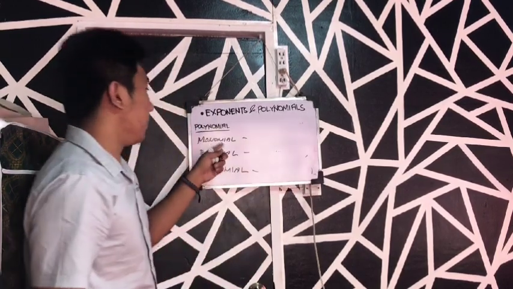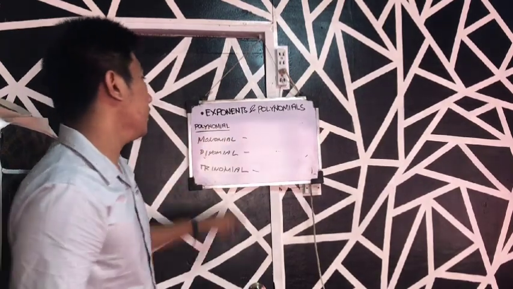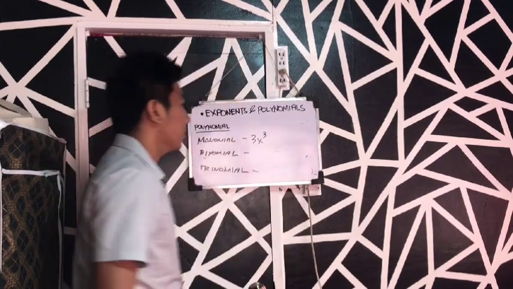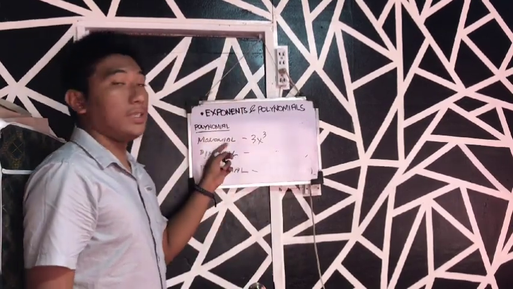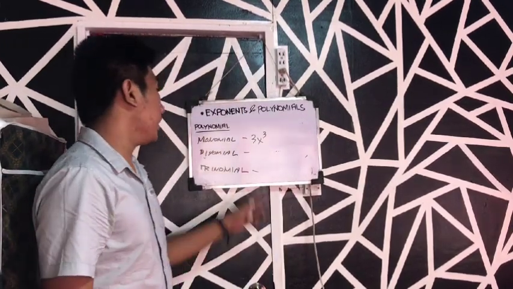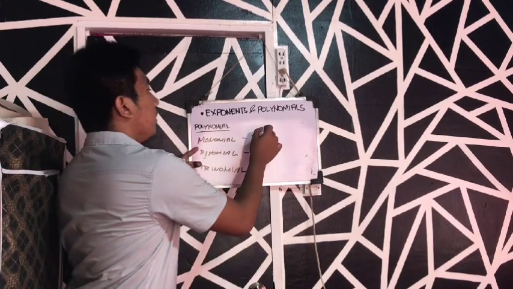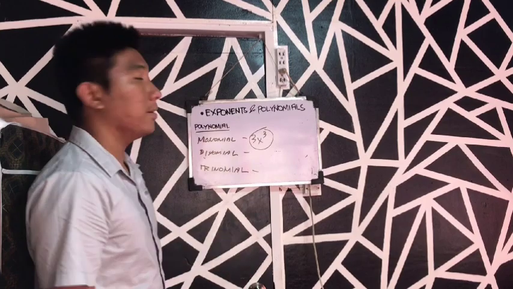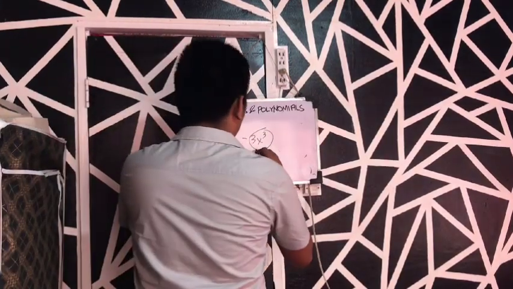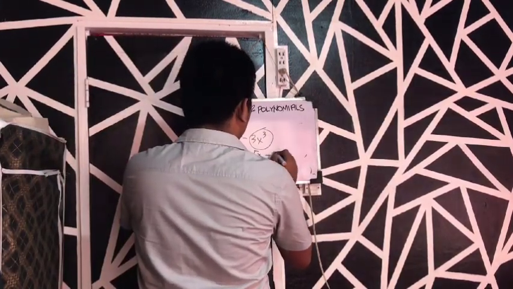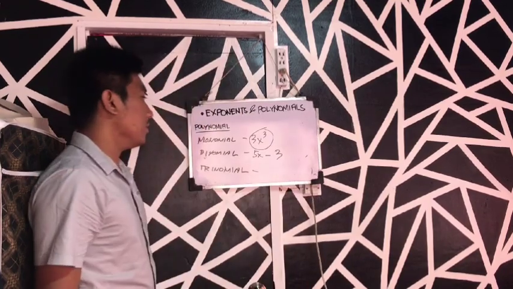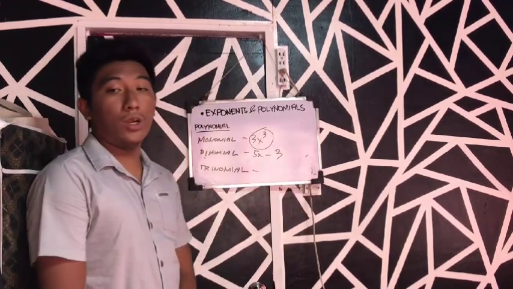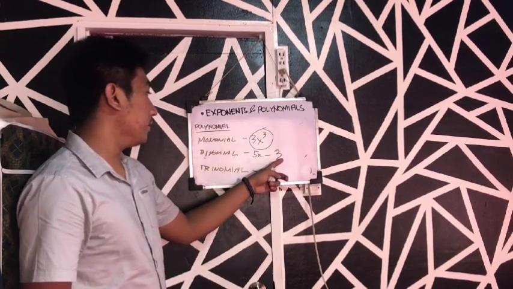First, what is a monomial expression? We write 3x cubed. This is an example of a monomial expression that consists of only one term. Then next is the binomial. We write 5x minus 3. As you can see, there are two terms, the 5x and the 3.